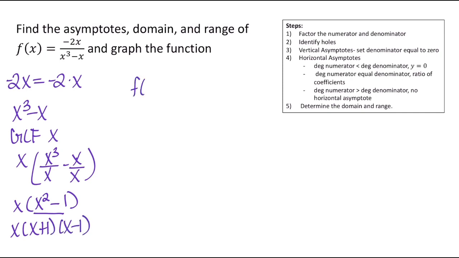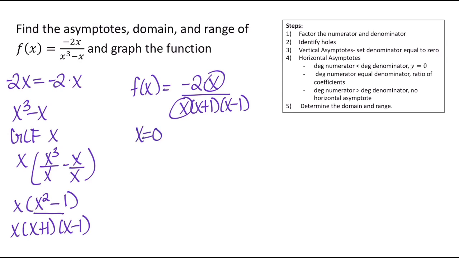So let's write the factored form of this expression. We have negative 2 times x over x times x plus 1 times x minus 1. Notice that we have that common factor of x. I'm going to set that equal to 0 to determine my hole. If I cancel both of these factors, I am left with negative 2 over x plus 1 times x minus 1.